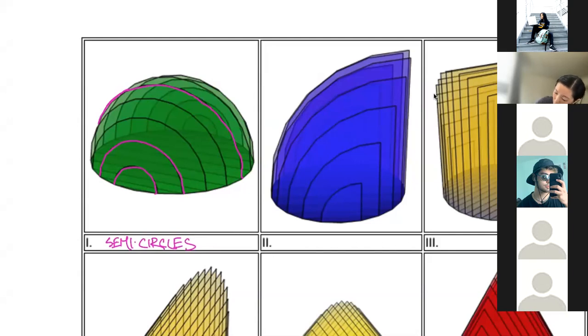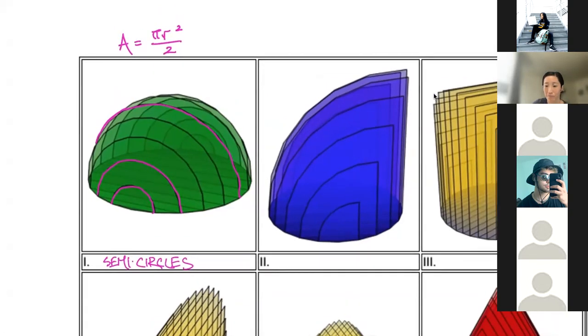All right, and so if we jot that down, we've got area equals pi r squared, but we're going to put that over 2 because we only have half a circle, okay? Now, if we're thinking about integrating things, what are the constants in this equation that we would want to pull out to the front of our integral?